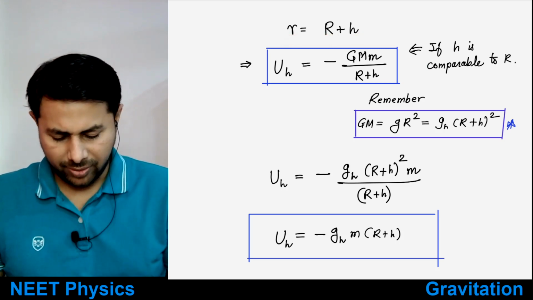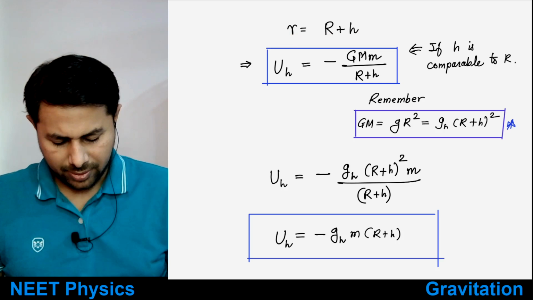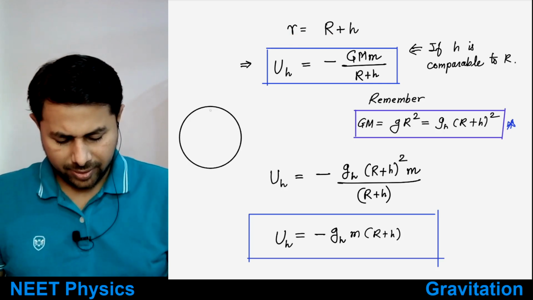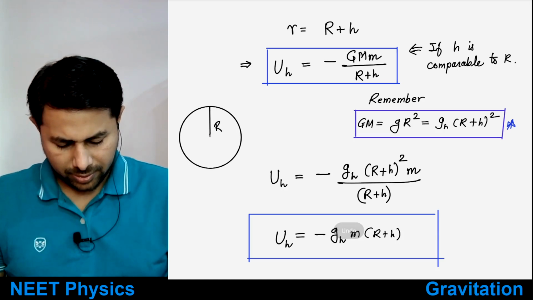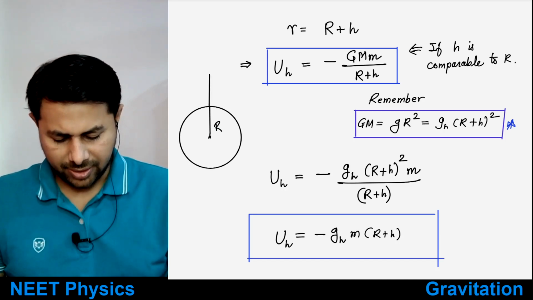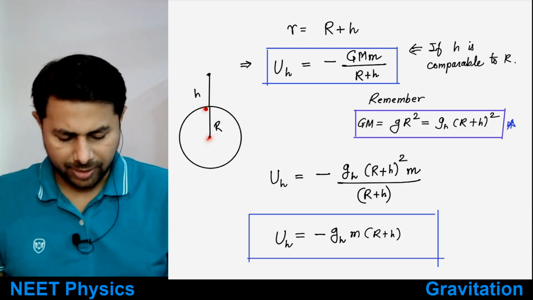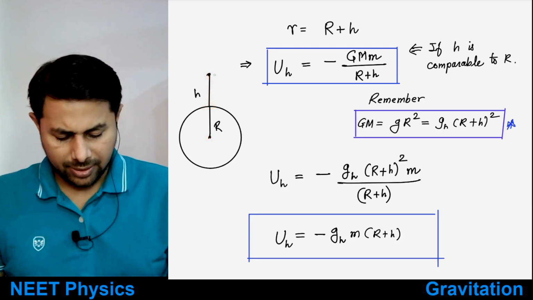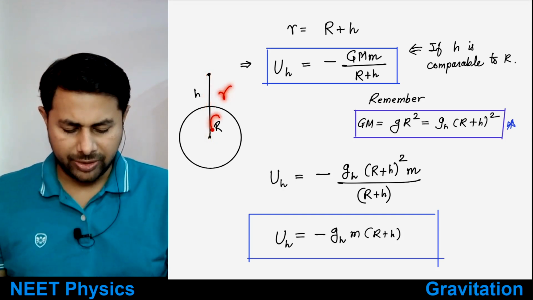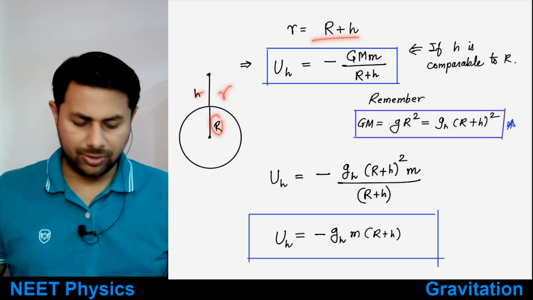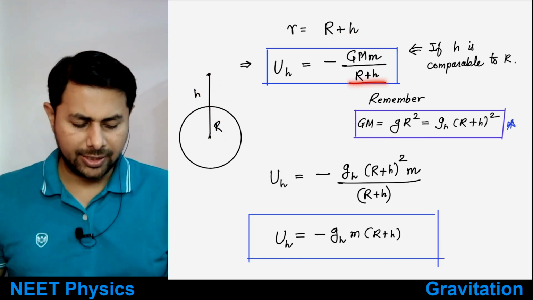That means we have Earth like this, and capital R is the radius of Earth, and our object is at some height h from the surface of Earth. Then the separation between Earth's center and that object can be written as small r, which is equal to R plus h. We can always do that.